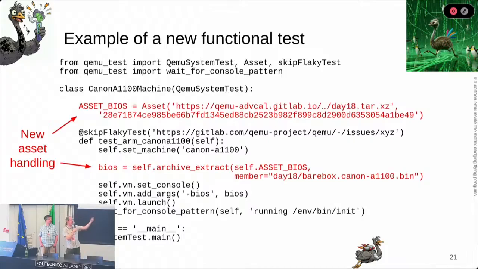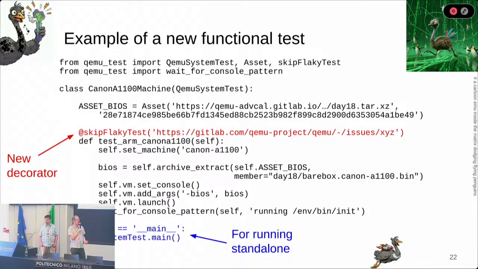And then when it comes to use the asset, you can pass the asset directly to the archive extract method, and it'll just do the right thing to locate the cached asset and then extract it and so on. And when extracting the files, if you don't need the entire contents of the zip file, you can tell it just to pull out one individual file from the archive, so you're not wasting time and disk space.